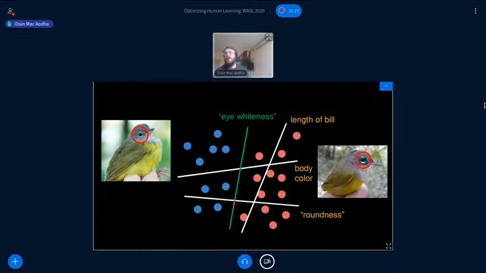For example, the ground truth hypothesis might encode something like the difference in the ring around the eye. It might be the case that me as a novice learner, before I know anything about the task itself, might group these birds based on their body color, for example, or their roundness, or the length of their bill. These are all different schools of thought or biases that learners might have. Our goal as a teacher is to invalidate those hypotheses and drive the learner towards adopting the ground truth hypothesis to be able to do this task effectively.